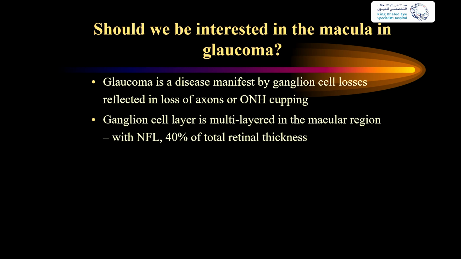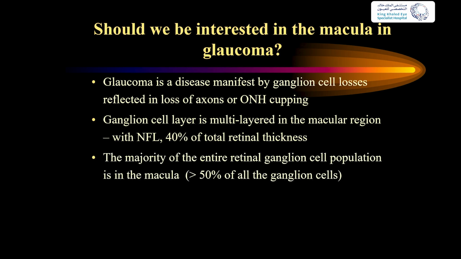So if you look at the total retinal thickness as a surrogate measure, you can find out if there are losses due to glaucoma, because there are very few conditions that cause losses of retinal thickness. Vascular disease is one, optic atrophy is another, and the third is glaucoma, which is another kind of optic atrophy. The majority of the ganglion cells reside in the 30 degrees of the macula.